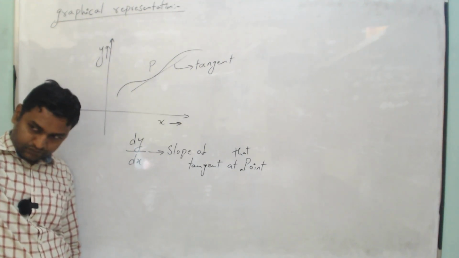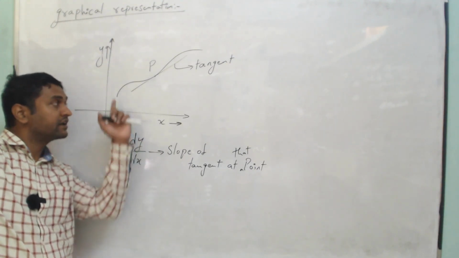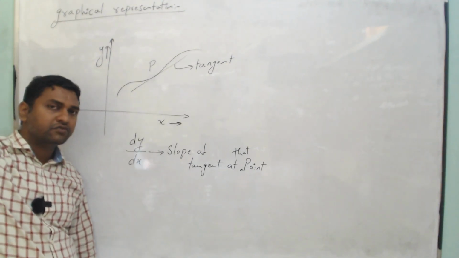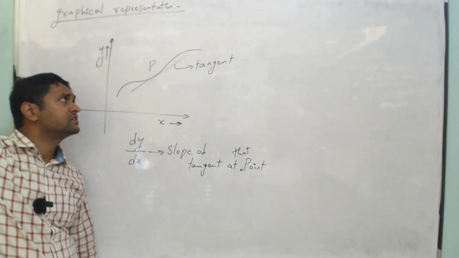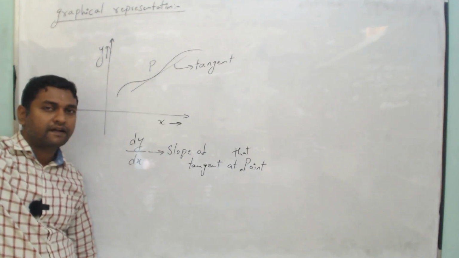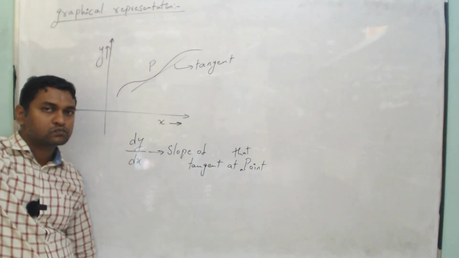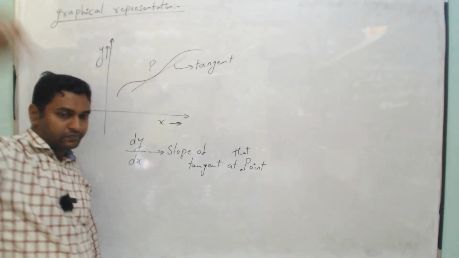And for this graph that I have drawn, we can clearly see that the slope of this tangent is a variable. Is this clear?